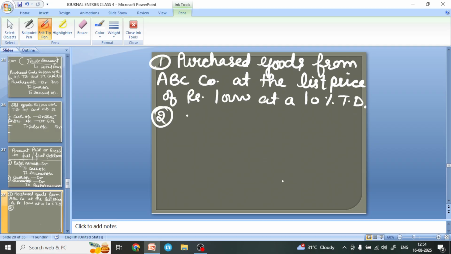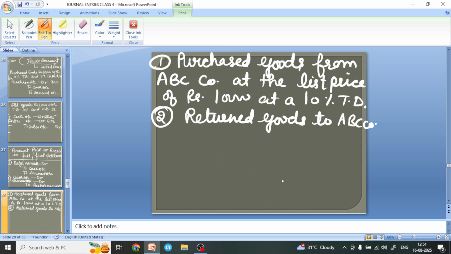Second entry, return goods to ABC company at the list price of rupees 1,000.